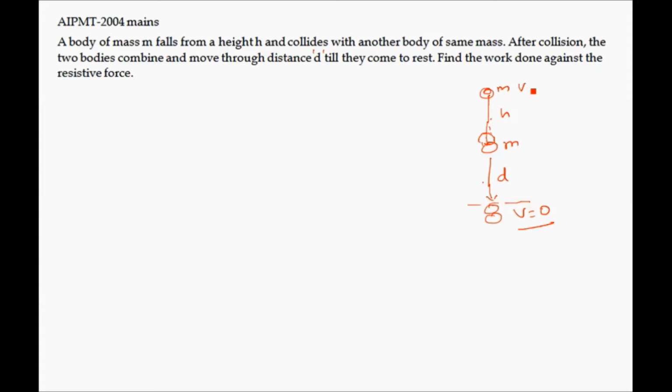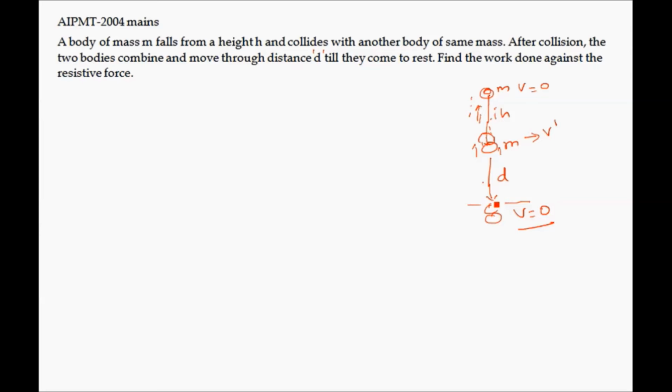Here this mass has velocity also equal to 0. Here it has some velocity that we say is v dash, and here velocity is equal to 0. And you have to calculate the work done against the resistive force. So basically these are some resistive forces which act in upward direction and force this body to stop after some time. So you have to calculate work done against those resistive forces.